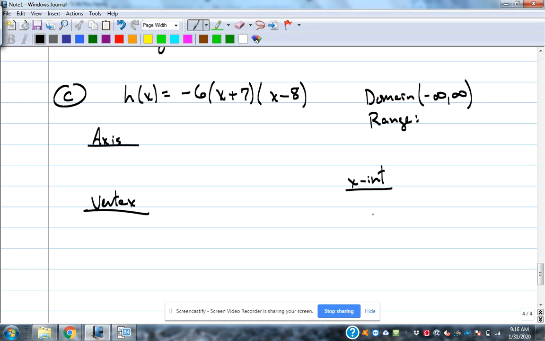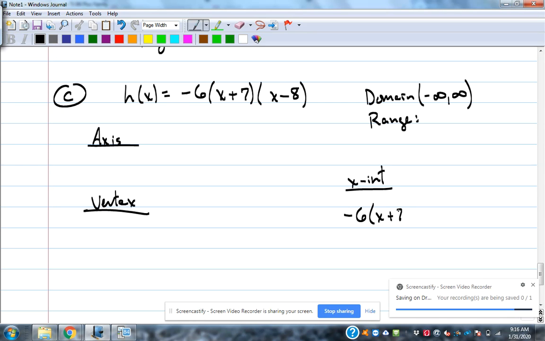So I'm going to find the x-intercepts first before I do anything else, because those are the easiest thing to find since we're in intercept form. So set the whole thing equal to 0. Negative 6 times (x plus 7)(x minus 8) equals 0. Divide by negative 6.